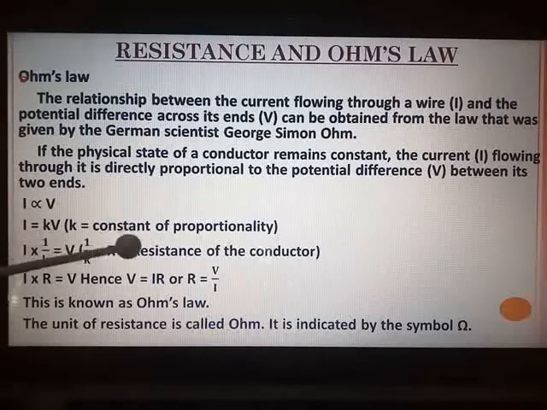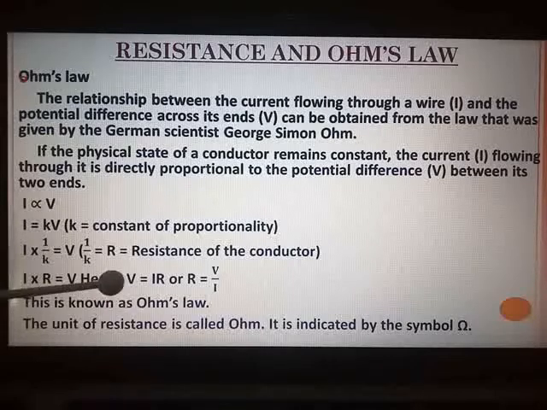It is R, the resistance of the conductor. So in place of 1 upon K, you can take R. So I multiplied by R is equal to V, or you can write V is equal to IR, or R is equal to V upon I, and this is known as Ohm's law.